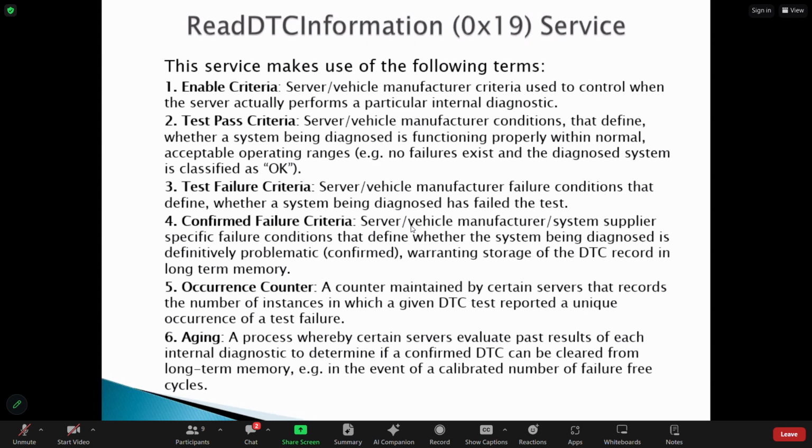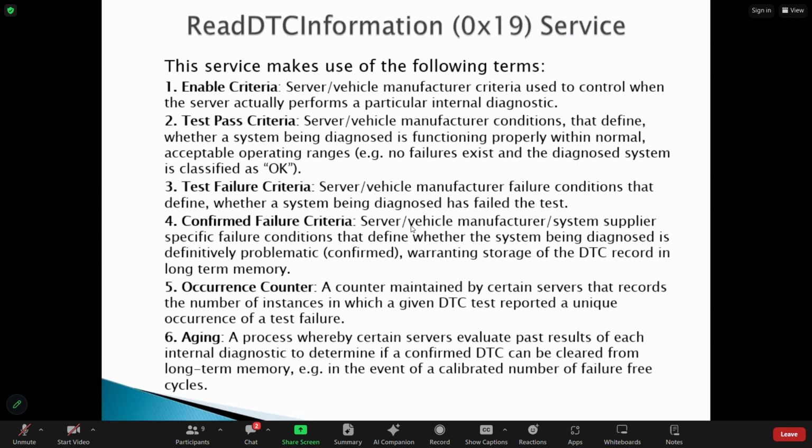Understood? Guys, let's say every 100 millisecond, it will run a test to check all the sensors are correct, all the power supply received is correct, all the actuators are correct. Understood? So the enable criteria there is every 100 millisecond, automatically the server will run the test.